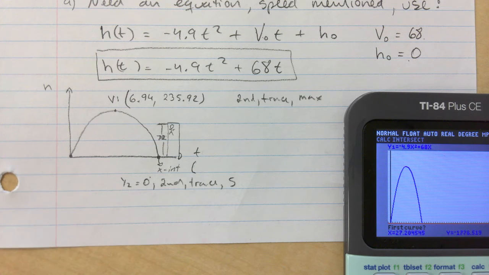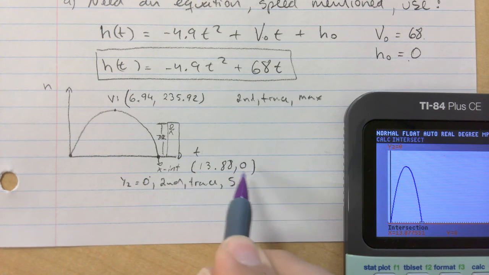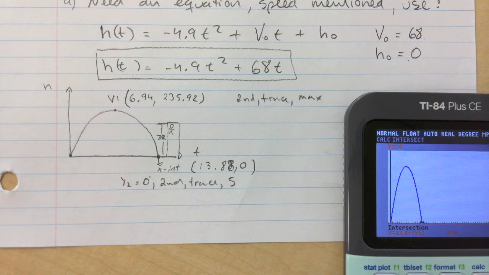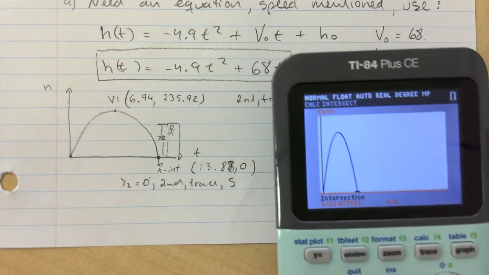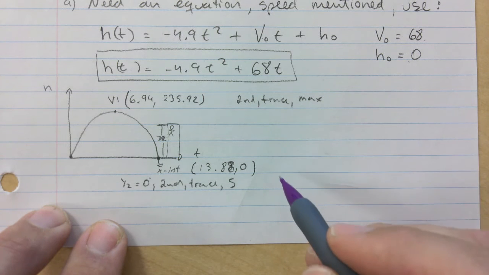Oh, I'm going way far. Okay, I'm going to have to come back. There it is. Again, enter, enter, enter. So that's 13.88 if you round it, and that's 0, which you expected. Okay, so there it is. And let's state it here.